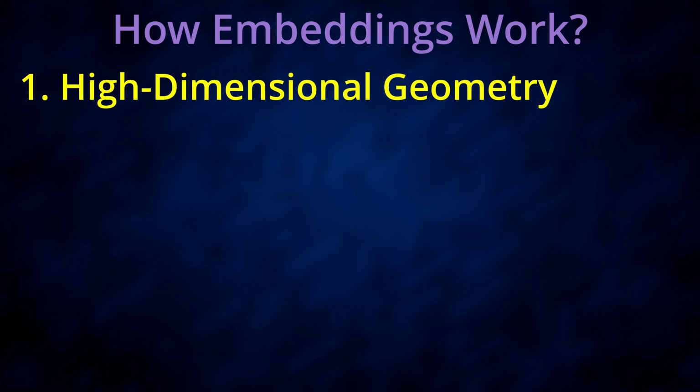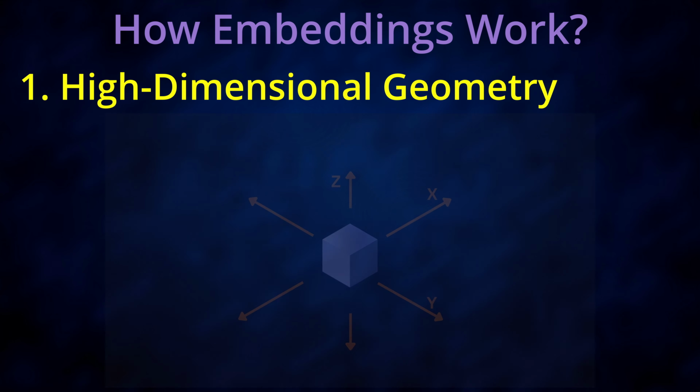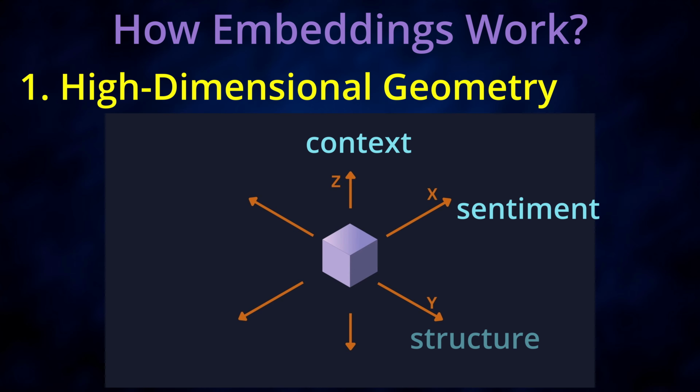How embeddings work under the hood. High-dimensional geometry. Embeddings often live in 128, 512, or even 4096 dimensional space. Imagine each dimension captures a nuance: sentiment, context, structure, style.